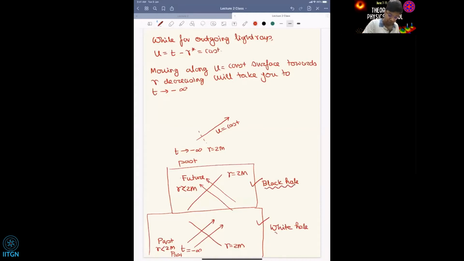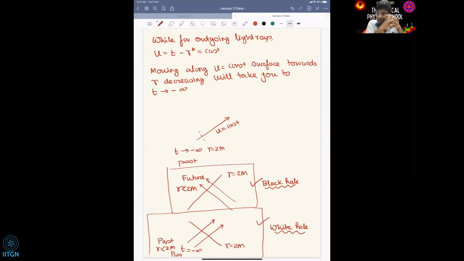So what we have found is that by using light, if we use outgoing light rays, we come out of the white hole. If we use ingoing light rays, we go into the black hole. So we have completely discovered new regions. Earlier we only had r greater than 2m. We thought r less than 2m, that's all. But we found that r less than 2m can be reached in two ways.